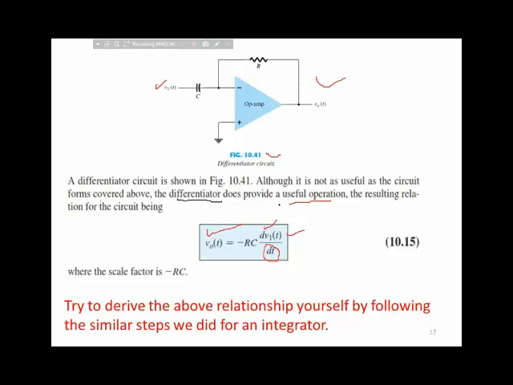So the differentiator does provide a useful operation. The resulting relationship for the circuit is given by this equation: the output is equal to minus RC into the derivative of the input V1 of t as a function of time, where the scale factor minus RC is called the differentiator time constant.